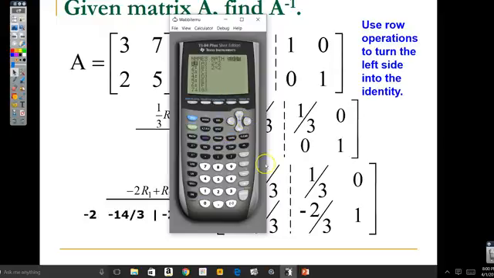We want to edit matrix A. It is a 2 by 2, 3, 7, 2, 5. And let's see what it says.